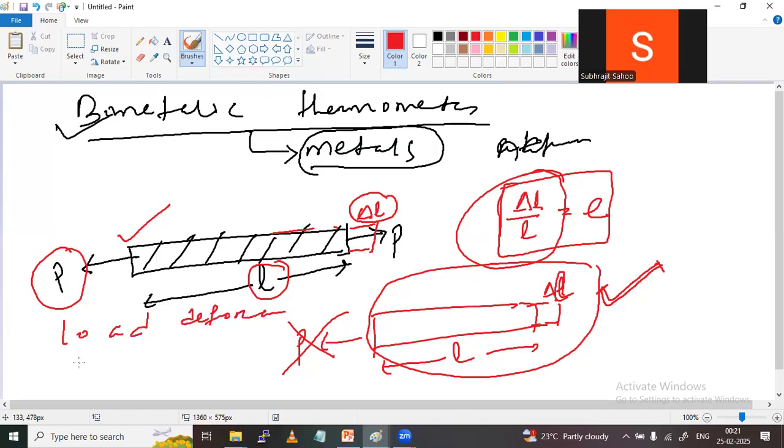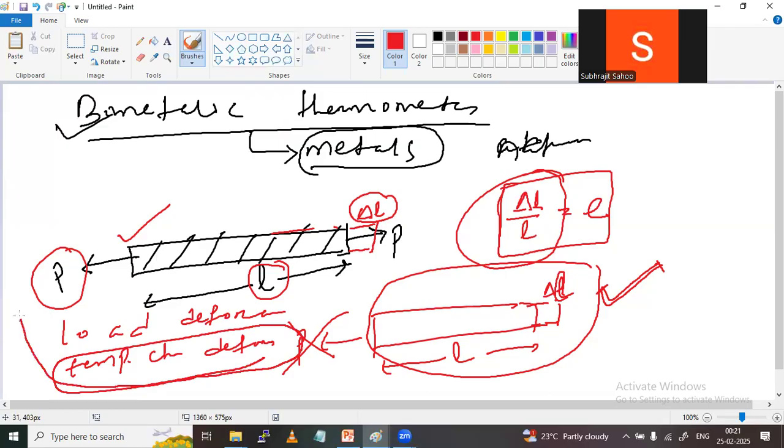Second, without any load, by changing the temperature, deformation also happens for a few metals and materials.